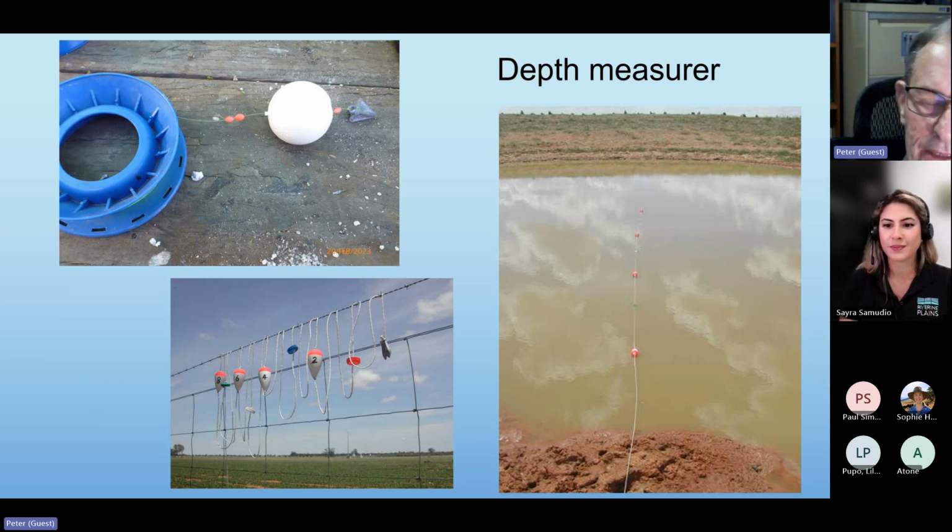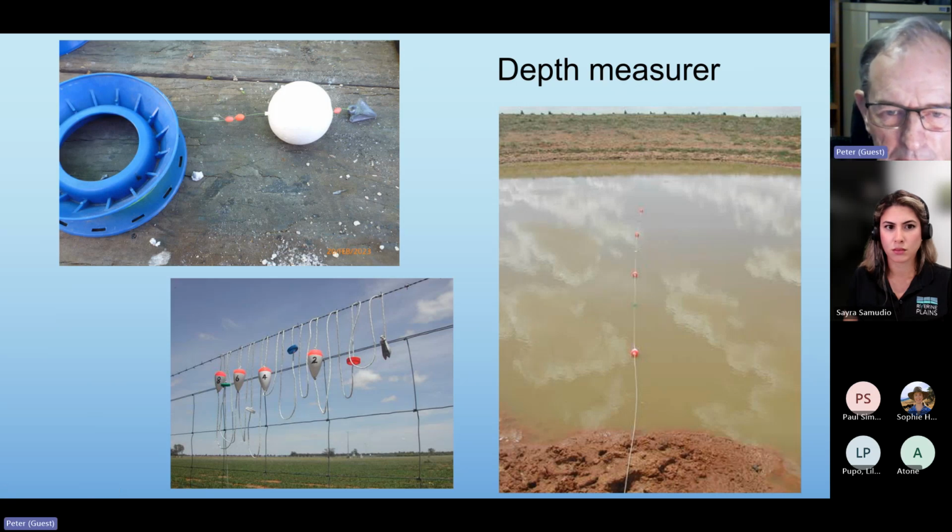And there's a tool called Dam Deep, which looks a little bit like this one up here in the top left. The other two pictures show you a little bit about what you might have to do. More importantly, this one on the right, you throw the end of this Dam Deep far out into the centre and let it, with a sinker, drop to the bottom, and this little bead here will hold the measurement as the float slides up.